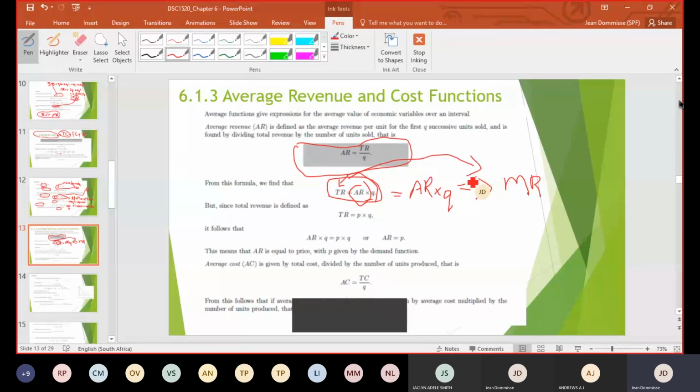More important in this part of the work is that it's not just the simple way of saying total revenue divided by Q gives me my average revenue, and the same with total cost divided by Q gives me my average cost. It is to understand that there is a link to get to your marginal revenue or marginal cost again.